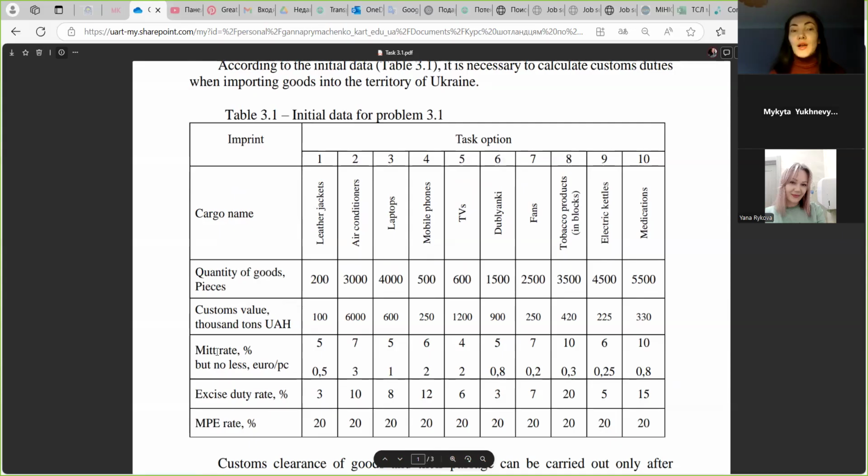We have customs value in 1,000 tons, by how many hryvnias we need to pay per 1,000 tons of goods. We have special information about duties, how many percent or euro for one piece we need to pay as the duty rate. We have the excise duty rate and a special percent.